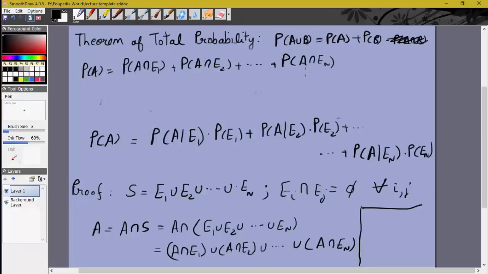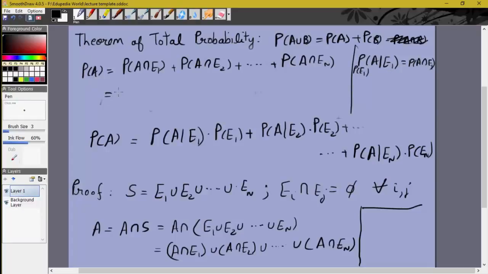And now we can use the product formula which we learned in the previous video, which came from conditional probability. We already know that P of A conditional E1 is equal to P of A intersection E1 by P of E1. So we can multiply here. This into P of E1 is P of A intersection E1.